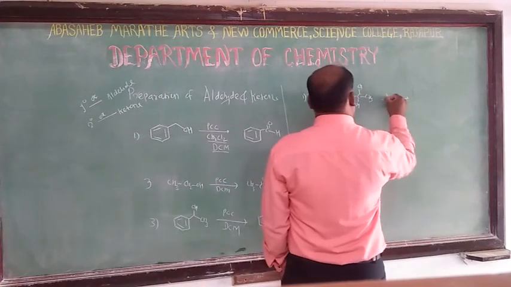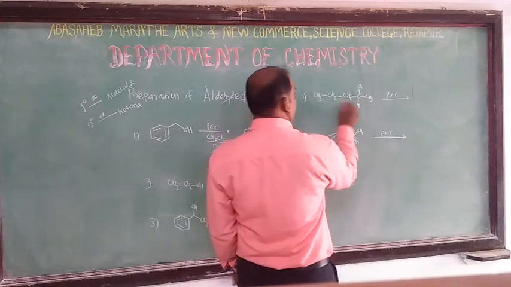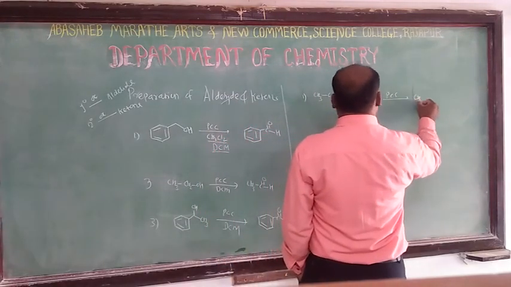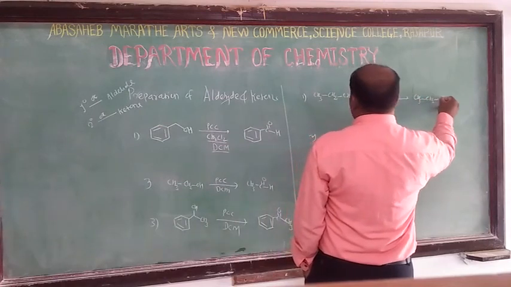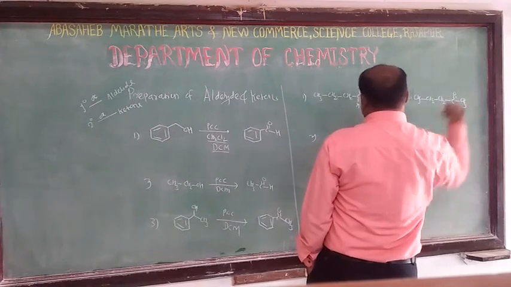With PCC, this is a secondary alcohol. Secondary alcohol gives ketone like this: CH3, CH2, CH2, C double bond O, CH3.